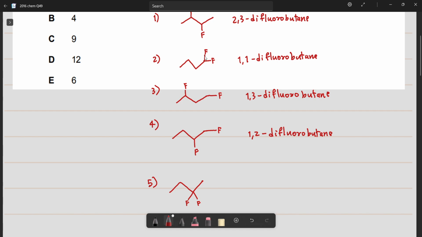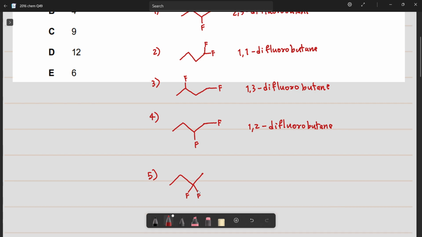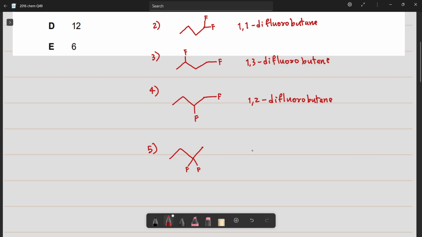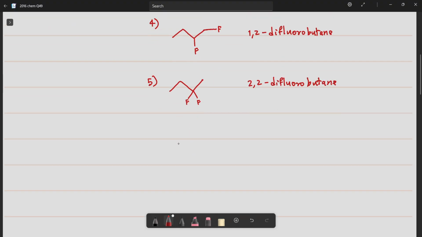Just as I drew 2 fluorine on the first carbon, now it's on the second carbon, 2 fluorine together. So this will be 2,2-difluorobutane. And number 6, I'm going to draw this way, with fluorines on the two ends of the carbon chain. So it's going to be 1,4-difluorobutane.